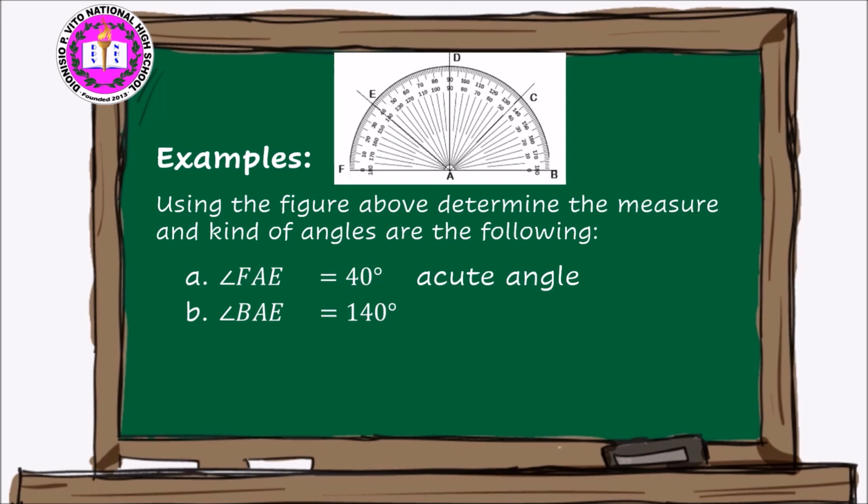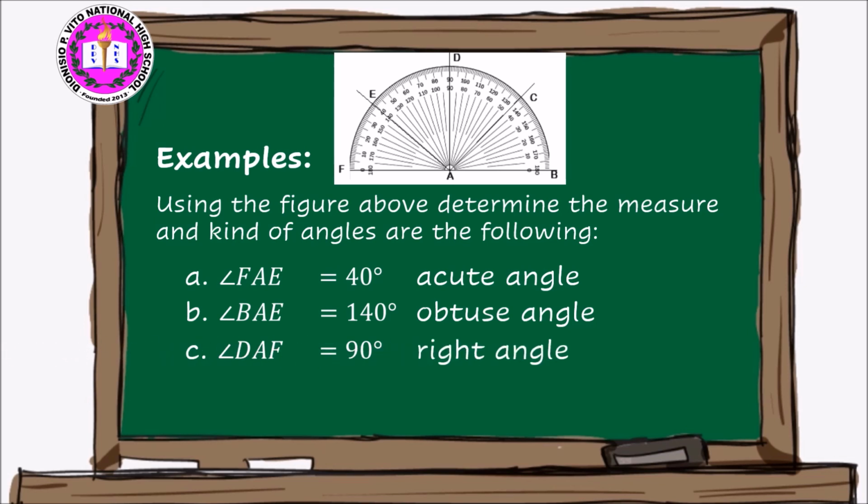And if the angle is greater than 90 degrees, that is an obtuse angle. Next is angle DAF. Angle DAF is equal to 90 degrees. So if it is an exact 90 degrees, that is what we call a right angle.